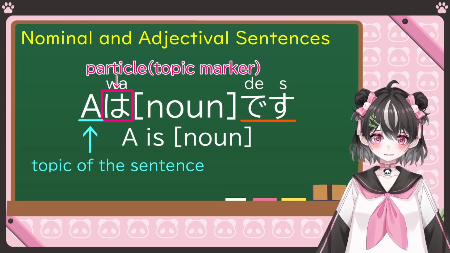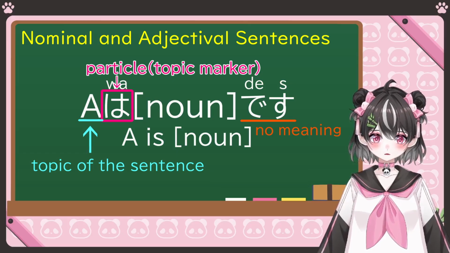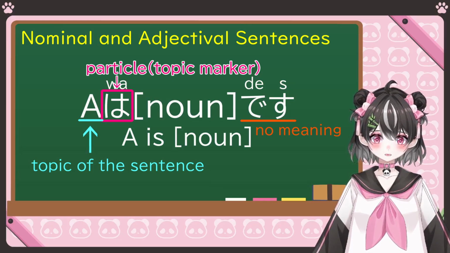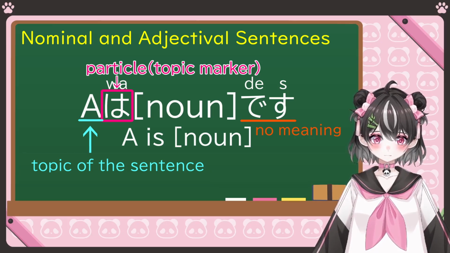And です itself doesn't have a specific meaning, but it's used to make nominal and adjectival sentences more polite. So in casual situations, you can omit it.